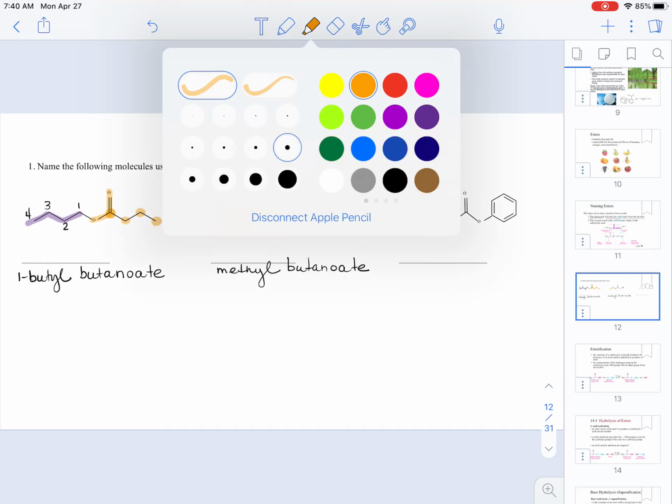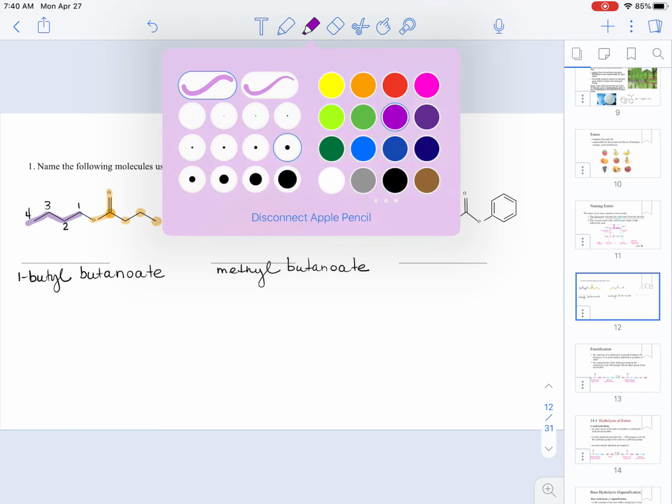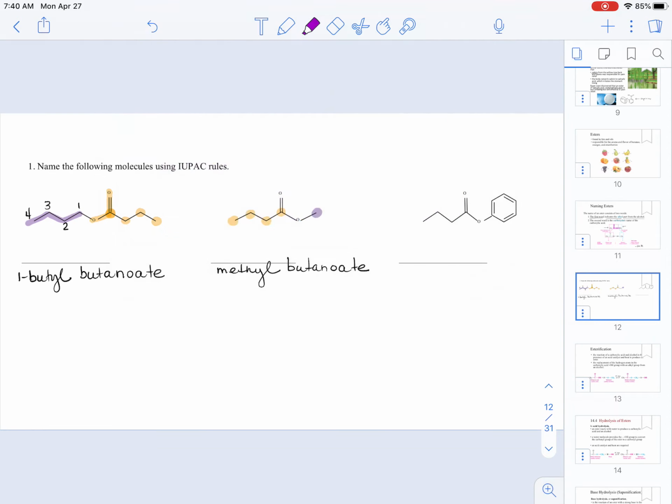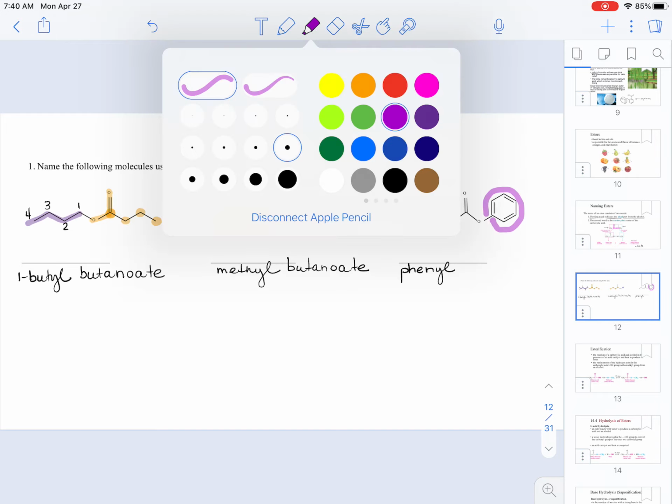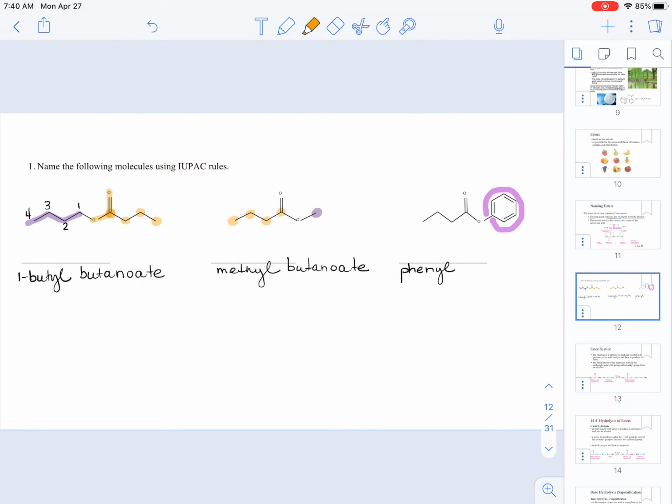On the last problem, when highlighting what is attached to the single bond oxygen, as you can see, we have a benzene ring. Remember that when a benzene ring is used as a substituent, that is known as a phenyl group. Then, if I count the number of carbons in the part that is coming from the carboxylate, I have 1, 2, 3, 4.